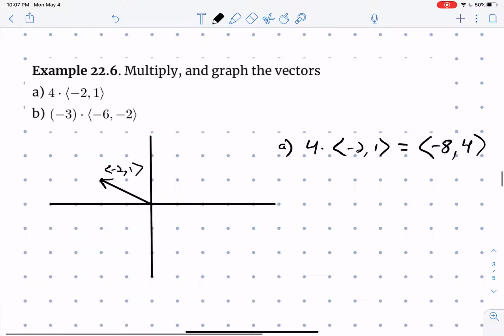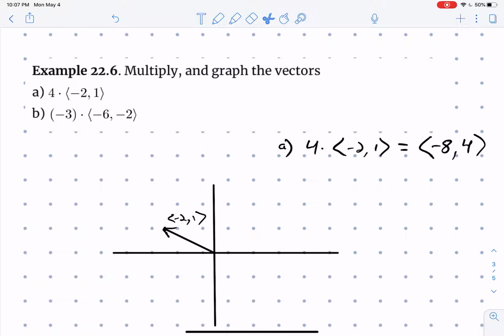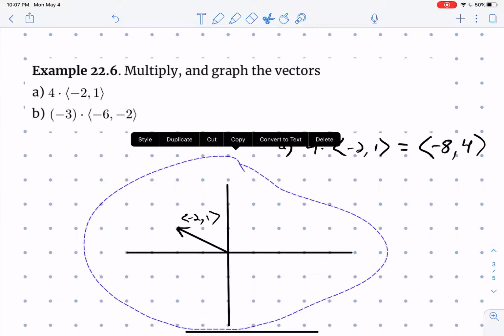Let's go ahead and graph that on here. I guess in order to do it properly, I did not plan ahead. We're going to move this down just a little bit. Here we go. In this case, we want to go negative 8 on the x-axis. And so let's just move this a little bit farther so we line up with our dots. Since we have them, we may as well use them. Great.